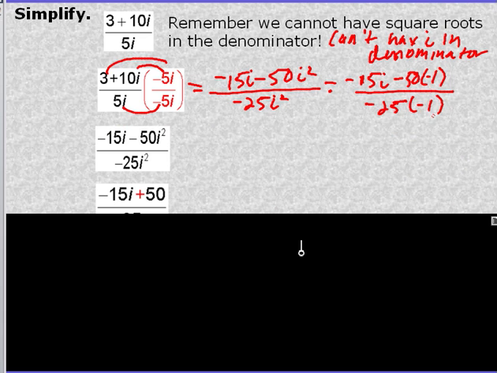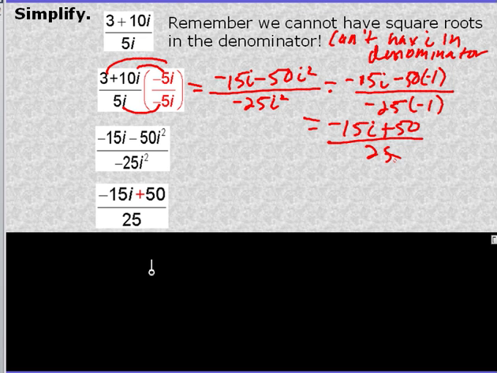And that's where we get to this. This is going to be negative 15i. Negative 50 times a negative 1 becomes plus 50. Negative 25 times negative 1 is plus 25. So we're here.